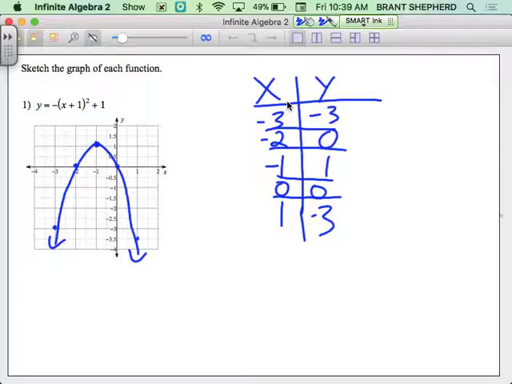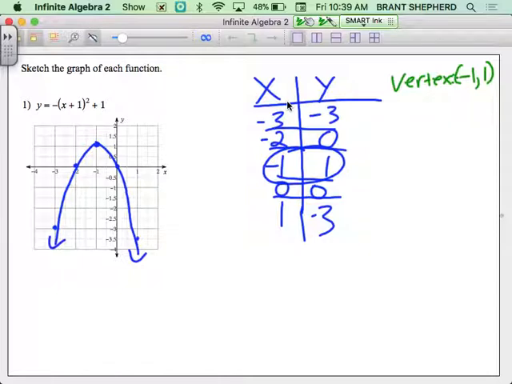Now, a few things that I can see from this graph here, a few key features I can pick out. I can see that my vertex is right there in the middle, that is my vertex at negative 1, 1. Okay. I can also see that I have 2 x-intercepts.